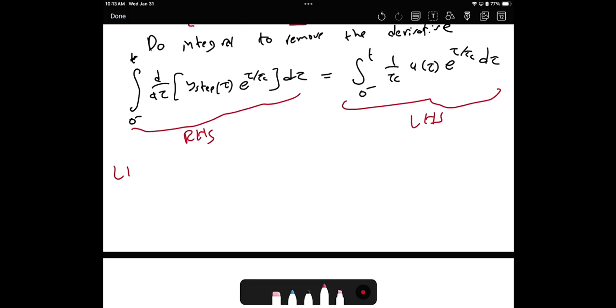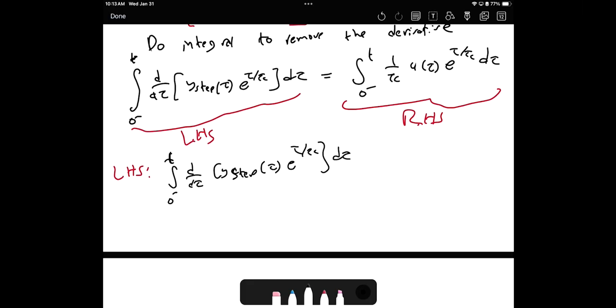I'm going to start from the left hand side. I think I mixed it up: here is my right, here is my left. Let's start from the left hand side. The integral from 0 to t of d by d tau of y step of tau e power tau over tau c d tau. The integral and the derivative will cancel each other. This will yield y step of tau e power tau over tau c.